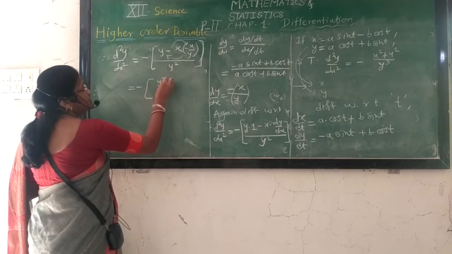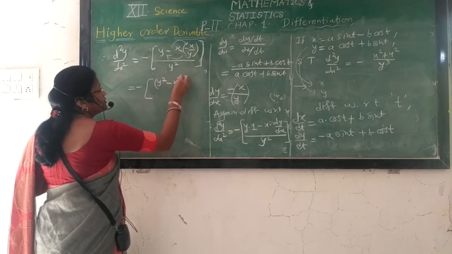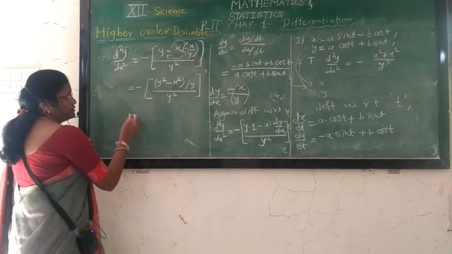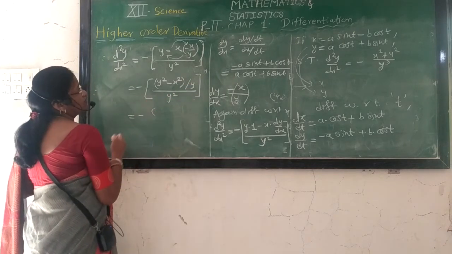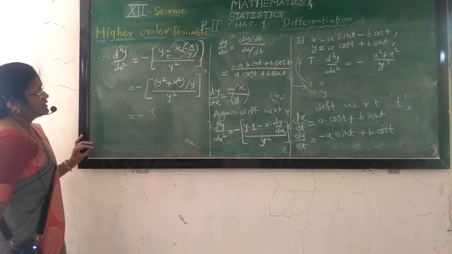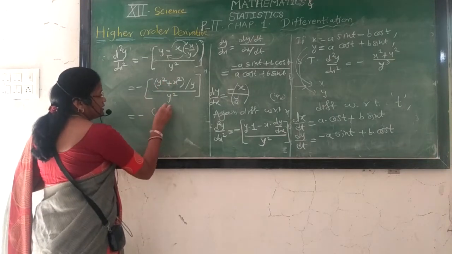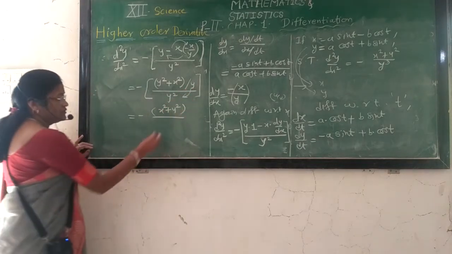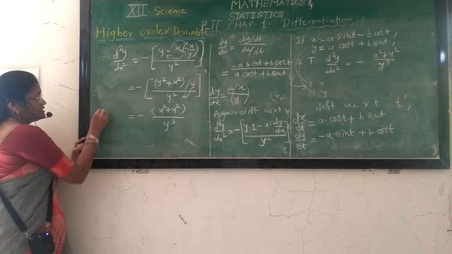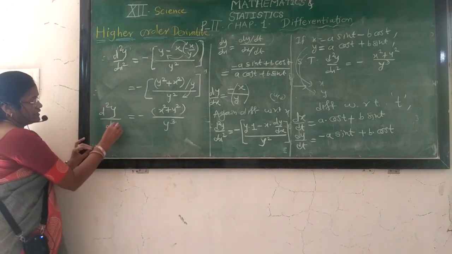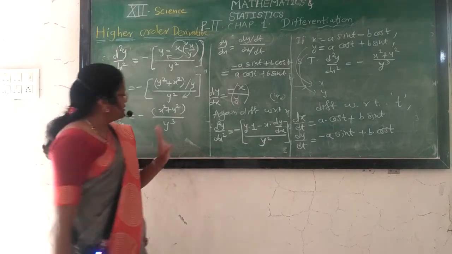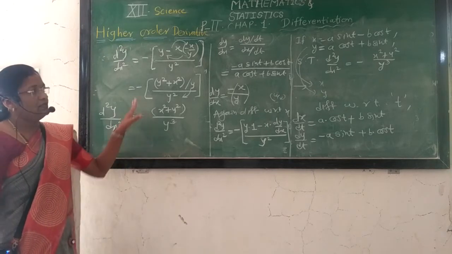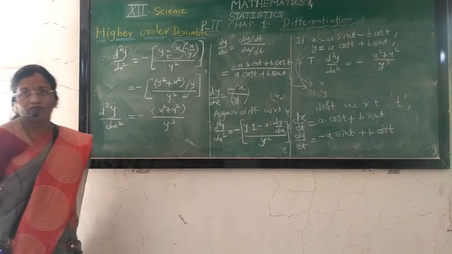So we get y square minus x square whole divided by y, and again that divided by y square. After simplification, minus x becomes positive, so the numerator becomes x square plus y square, and this y is multiplied to y square, so we get y cube. This is the value of d2y by dx square, and that can be proved here as d2y by dx square is equal to minus of x square plus y square upon y cube.